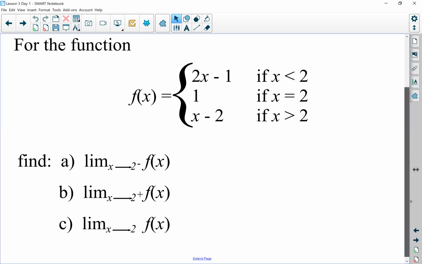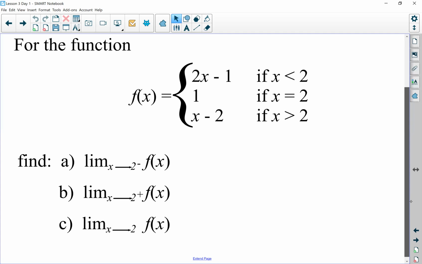So using the functional notation to find the limit as x approaches 2 from the left, we have to look at how our function is defined for values less than 2.